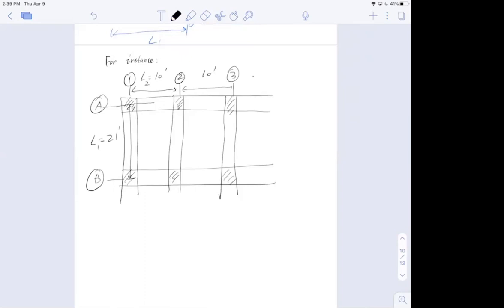And then I'll ask you, which direction is the one-way slab direction, the one-way slab span? So you can tell.